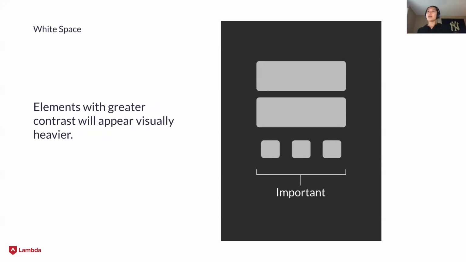And so if we're looking at this again for the first time, we would actually see those elements first just because there's more spacing that's around it. So that is attracting our attention versus the other two elements that are very similar to one another. So generally speaking, the more white space around an object, the more attention it receives and the more important it seems, even if it's small, like we see here.